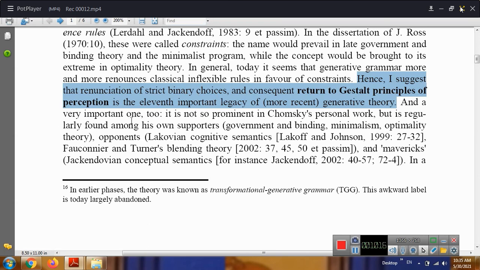And a very important one too, it is not so prominent in Chomsky's personal work, but is regularly found among his own supporters: government binding, minimalism, optimality theory, opponent, Lakoffian cognitive semantics, which you can see their names here.